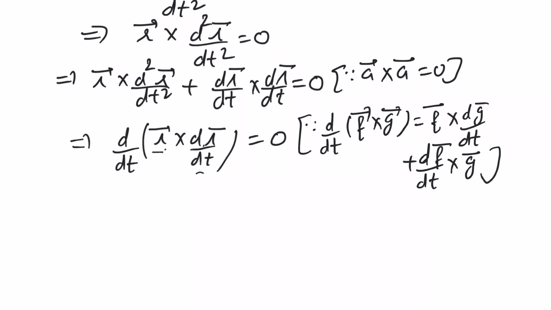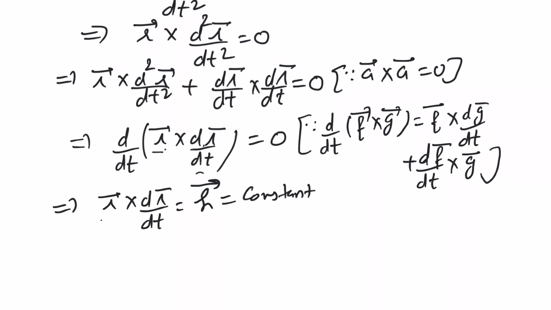Now integrating both sides, we get r cross dr by dt is equal to some constant vector, say h, because the cross product of two vectors is again a vector, which is a constant vector.